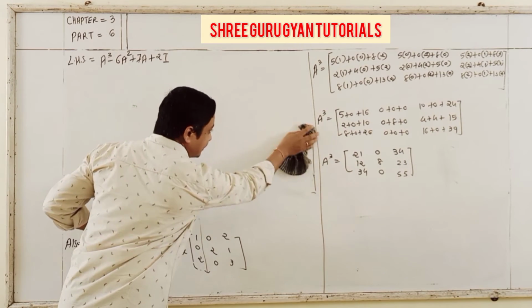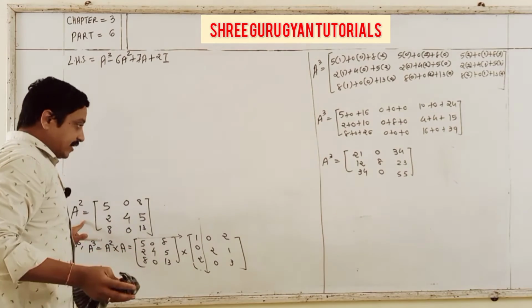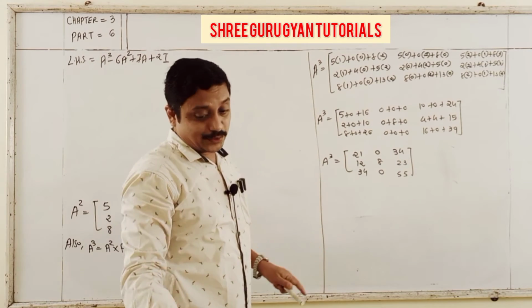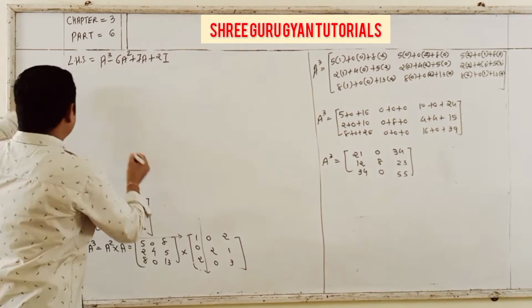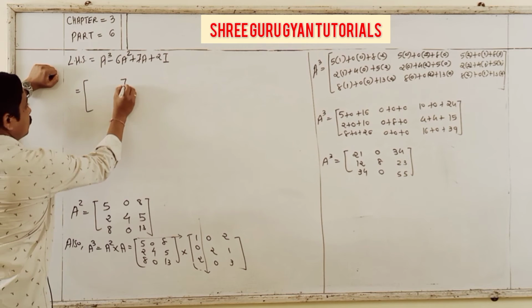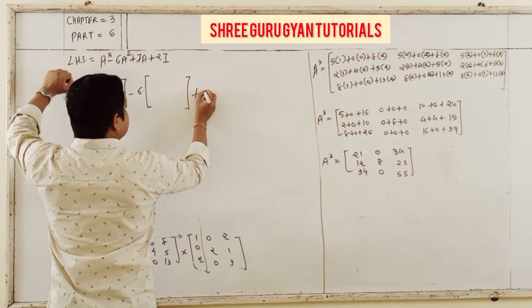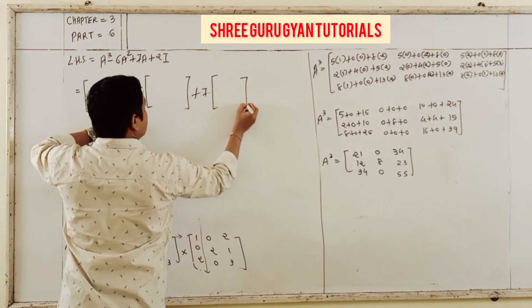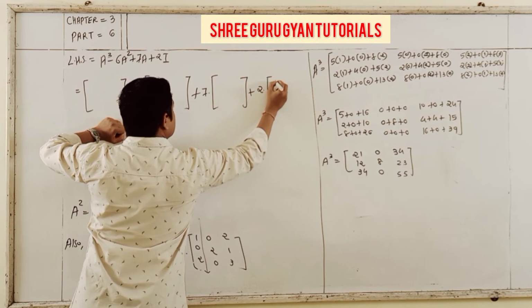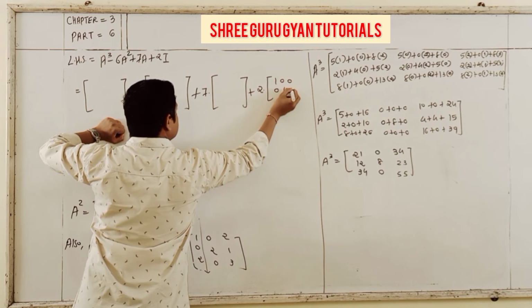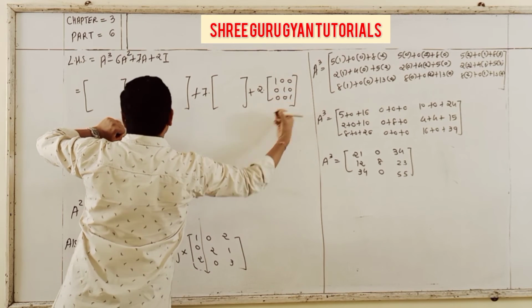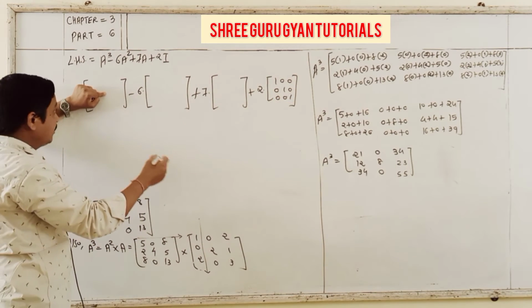Already you declared that this is A square, that A cube, and here also I know. So my A cube minus 6A square plus 7A, and last 2I, which is 1 0 0, 0 1 0, 0 0 1. Now students, A cube is ready for that.